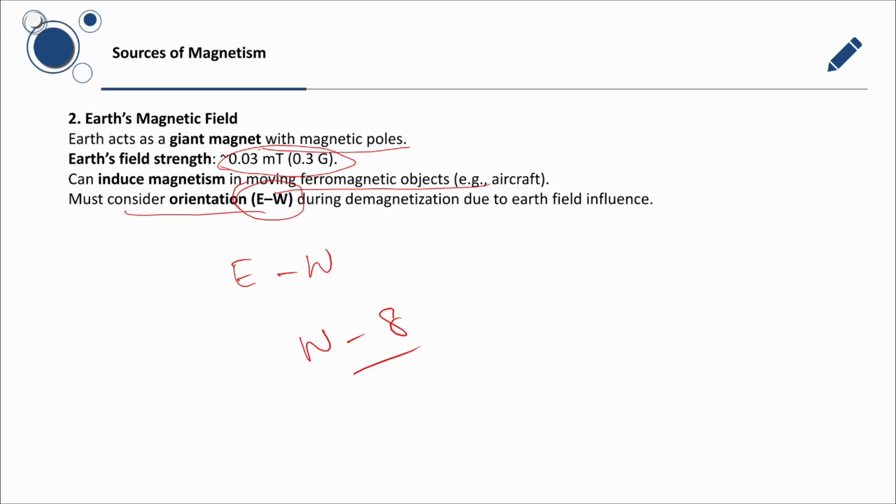When demagnetizing sensitive parts, rotate or reposition them to minimize Earth's field influence. It can reduce the effectiveness of demagnetization if the part is not properly oriented during the process.